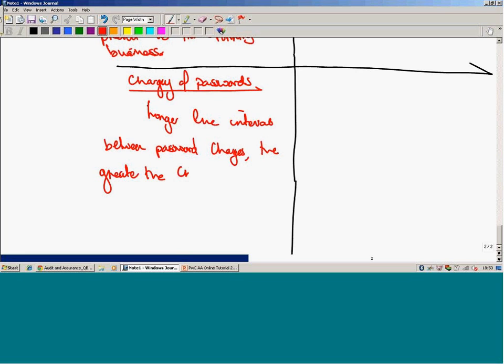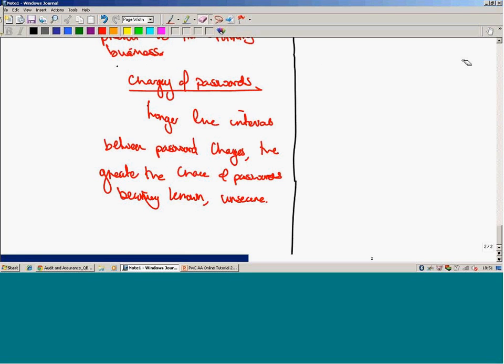There's a great chance passwords become unsecure. If I don't change my password for years and years, there's just a much greater chance that someone's going to find out about it. So insecurities as a result of not changing passwords for very long.